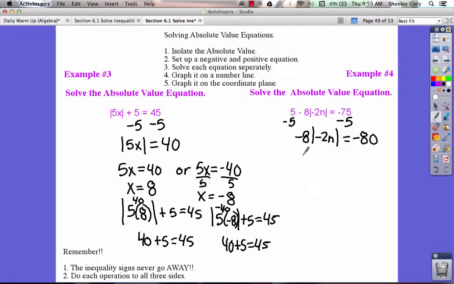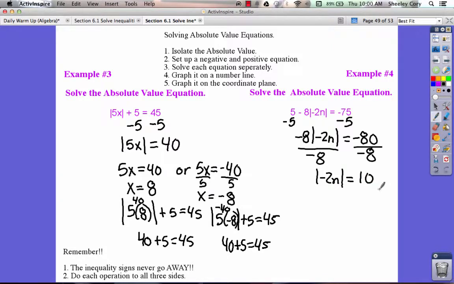We've got to get rid of this negative 8 because it's being multiplied. We're going to divide by negative 8. Look what happens. Negative divided by negative is a positive, and we end up with a 10. So we are a distance 10 from 0. Now, if we're 10 from 0, what 2 numbers are 10 from 0?